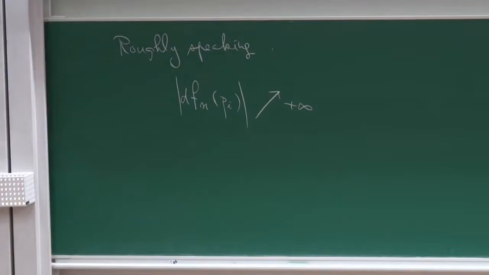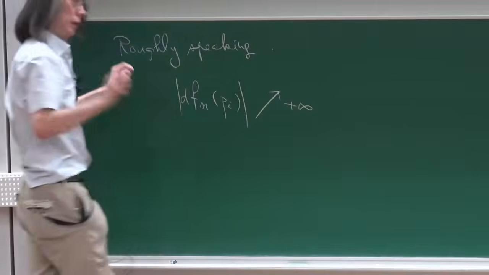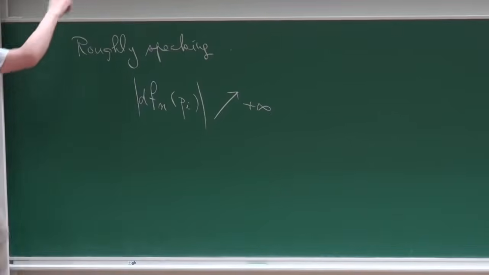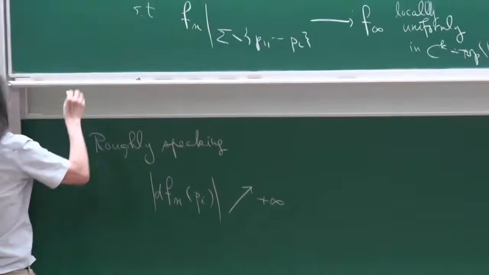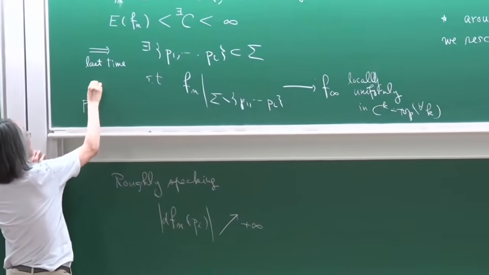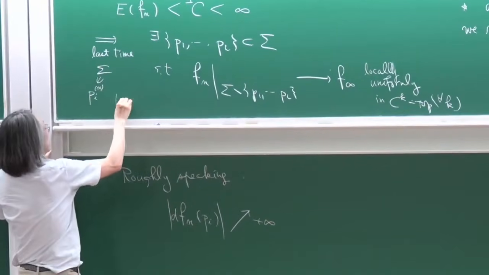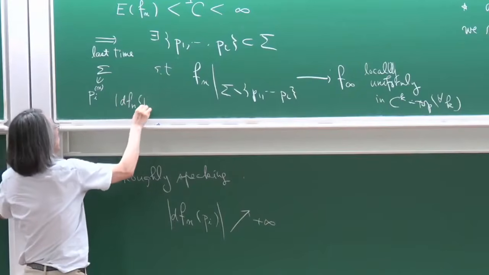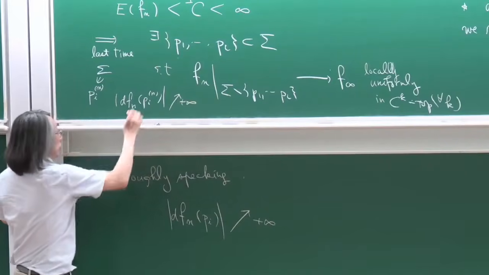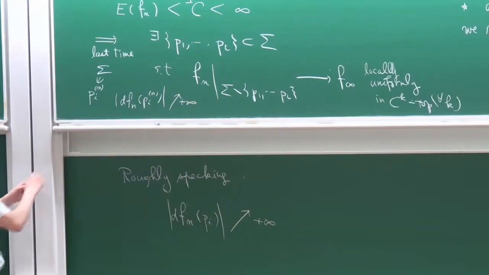It is not really this, because they are just a kind of limit of certain sequence of points. Maybe there is a point like p_i^n inside of sigma, and then the derivative of these maps maybe diverges to infinity. So this point need not be this point p_i, but roughly you may just think in this way.